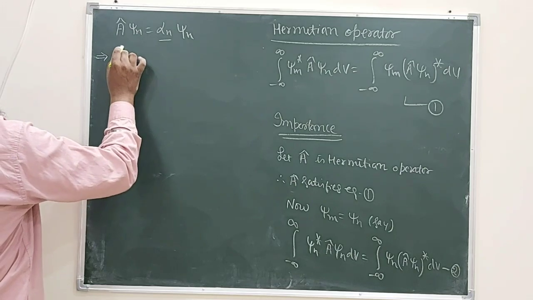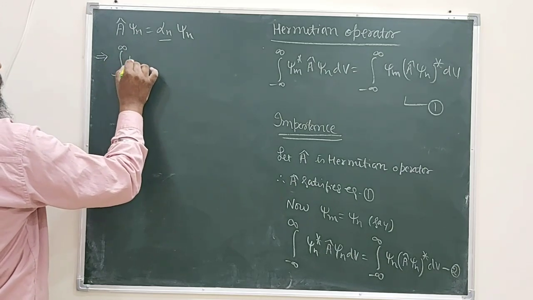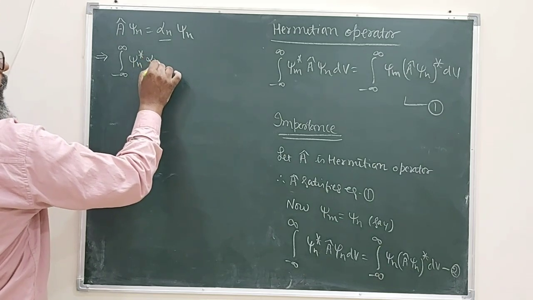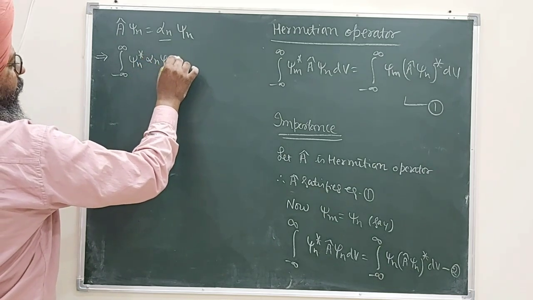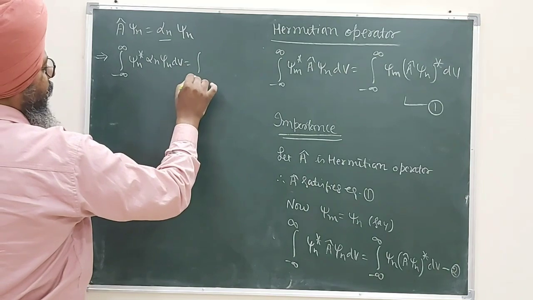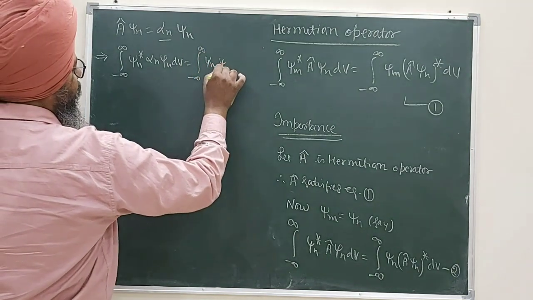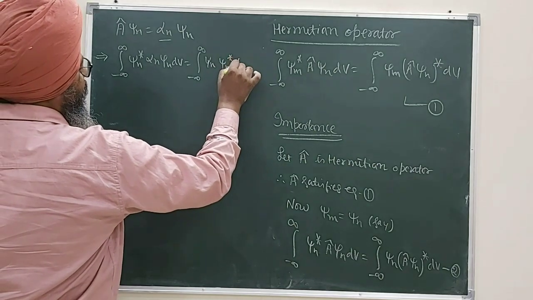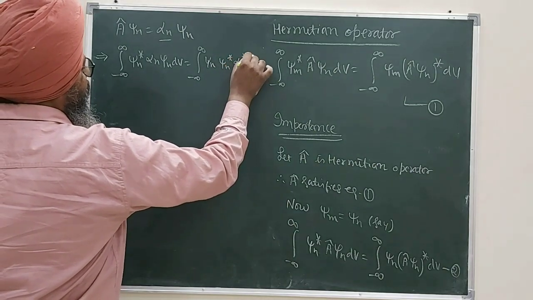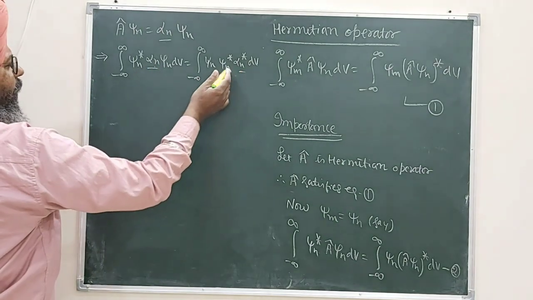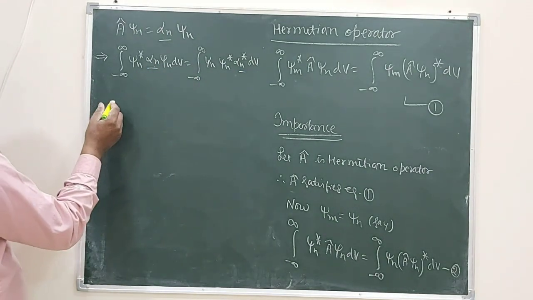If I put this value in equation number 2, I would get integration minus infinity to infinity psi n star alpha n psi n dv equal to minus infinity to infinity psi n star alpha n star psi n dv. Now I can take alpha n and alpha n star out of the integration on both of the sides.